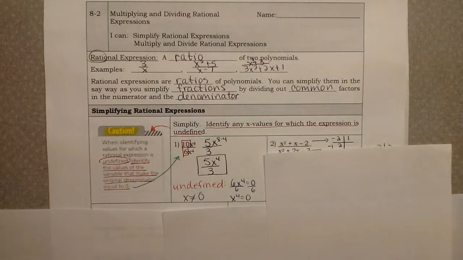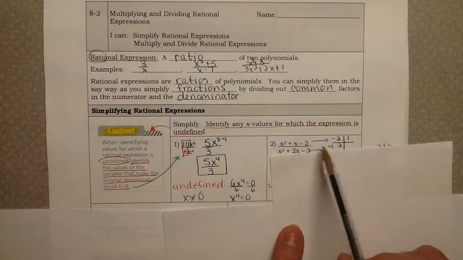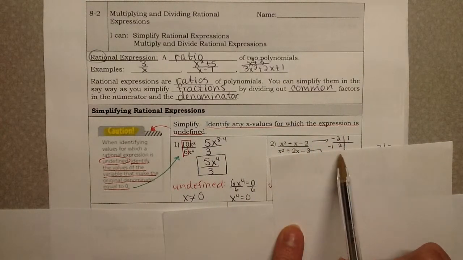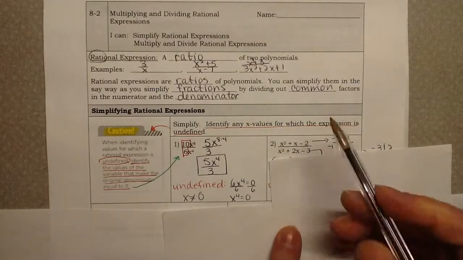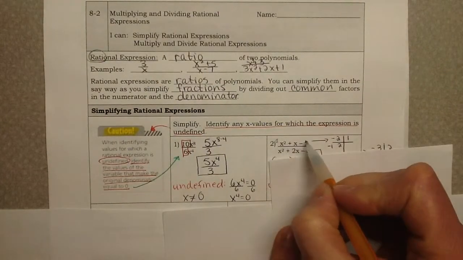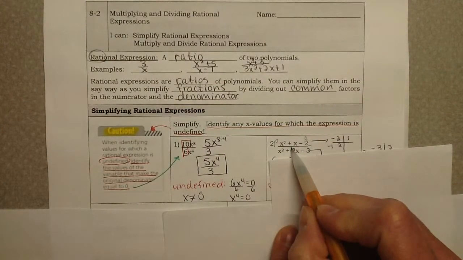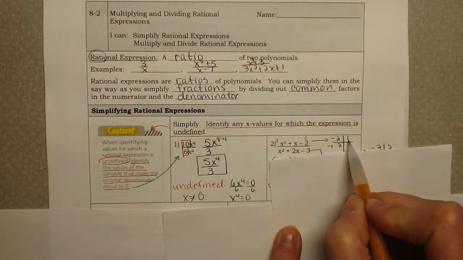All right, the next problem is a little more involved because we have to factor the numerator and the denominator. Now, hopefully you remember factoring earlier in the year to make your work a lot easier. Remember that we have to find factors of a times c. So this is our a, and this is our c, and they have to add up to b. So that's going to mean we need factors of -2 that add up to 1.